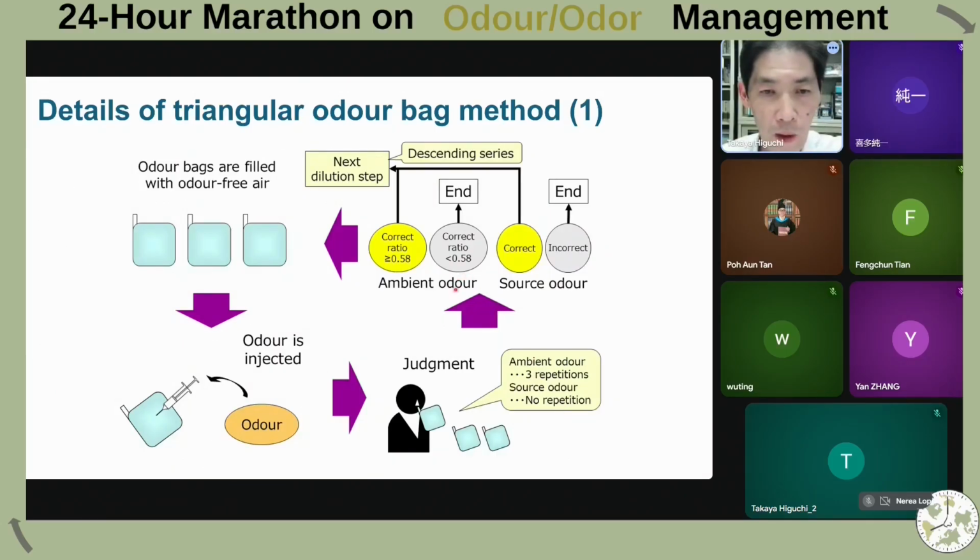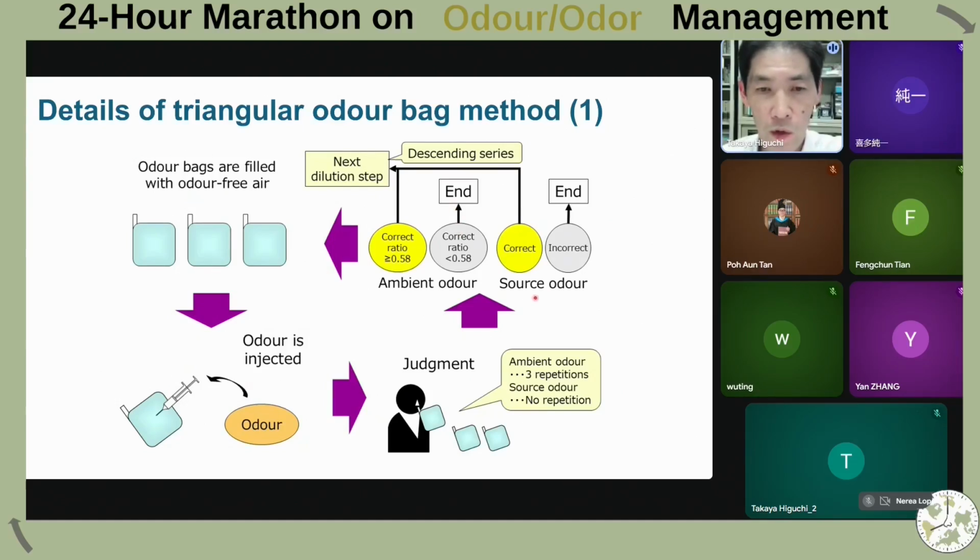Then, in case of ambient odor, correct ratio is calculated by using all judgment data, and if the correct ratio is 0.58 or more, then we will proceed to the next dilution step. If the correct ratio is less than 0.58, then the test session ends.